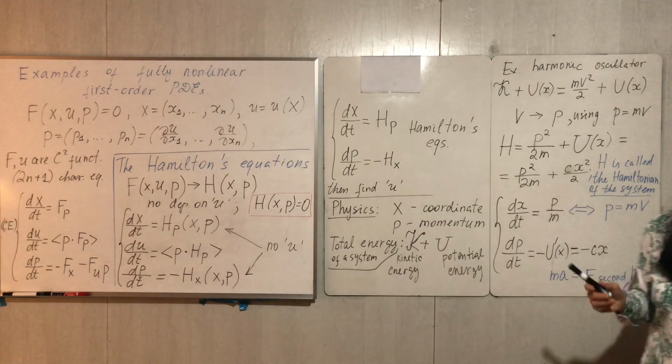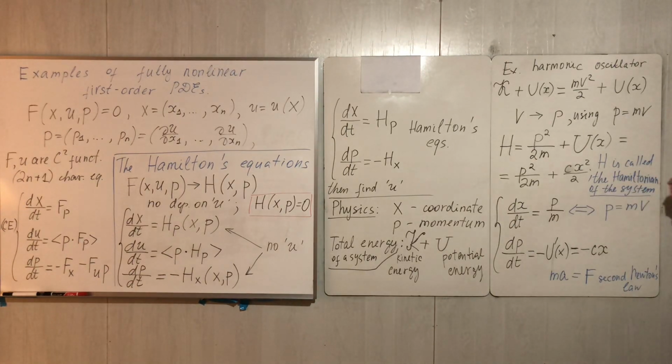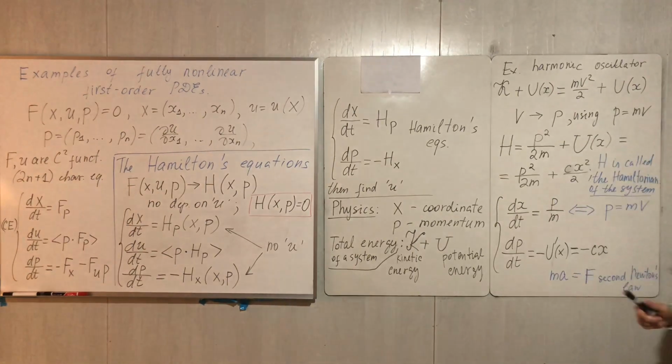It's used both in classical mechanics and in quantum mechanics, so the Hamiltonian of the system is the total energy written in terms of momentum.